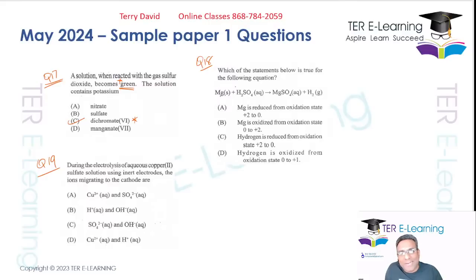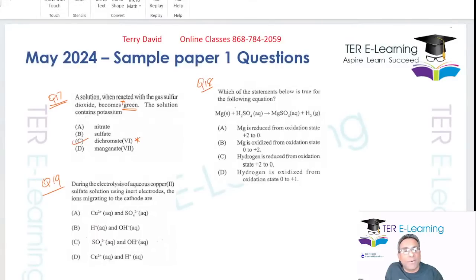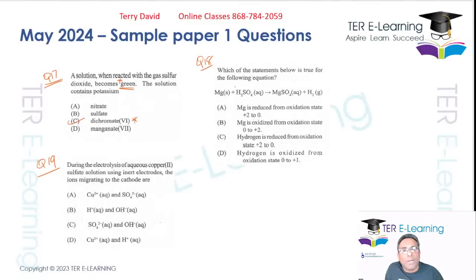If I had to analyze a question like this, I'll write the oxidation state for all of these species in my chemical reaction. Magnesium has an oxidation number of 0, because one of the rules says that for an element in its standard state, the oxidation number is 0.